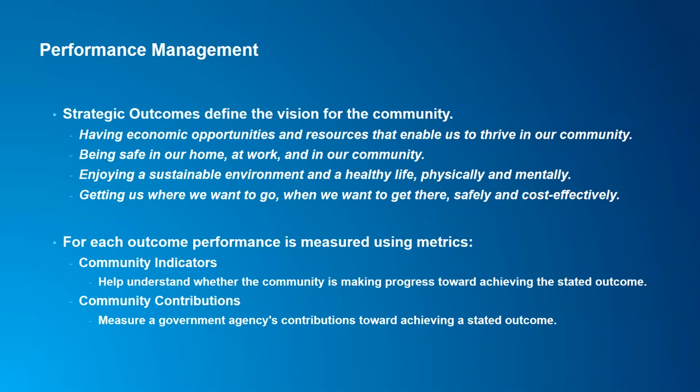And they indicate whether the quality of life is improving and whether we are making progress toward achieving the stated outcome. An example of a community indicator might be the unemployment rate. We can't directly control that in the community, but it does give us an indication of whether people are able to gain employment, whether they're able to purchase homes, feel secure in their livelihood, and support their family.